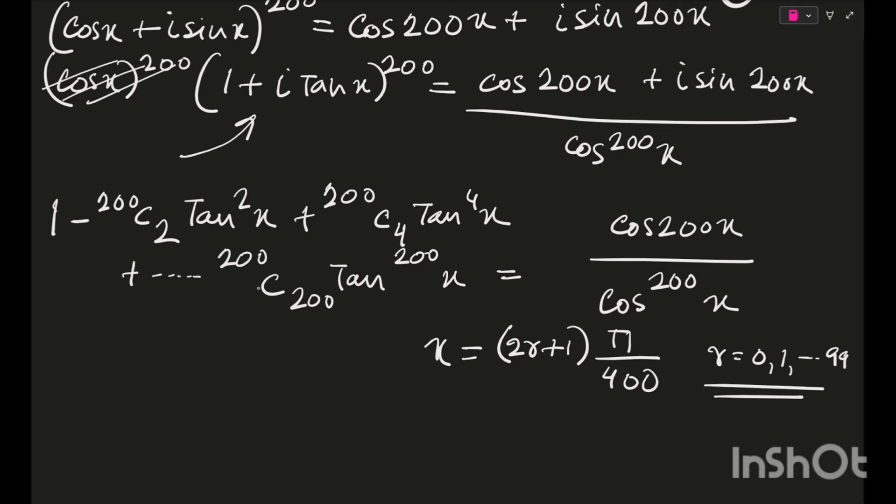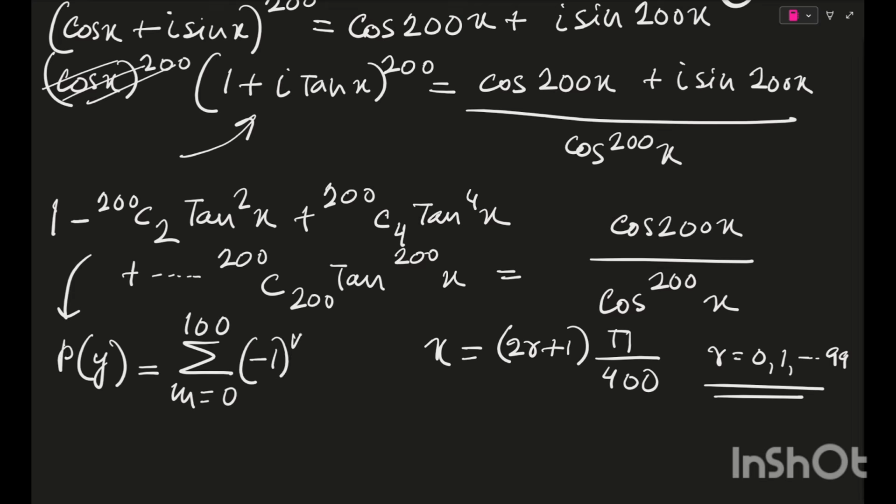Okay. So guys, what is happening is, if I want to write this in some general form, say a polynomial p of y, then this p of y will be sigma m equals 0 to 100 of (minus 1) power m, 200 c 2m, and y power 2m.